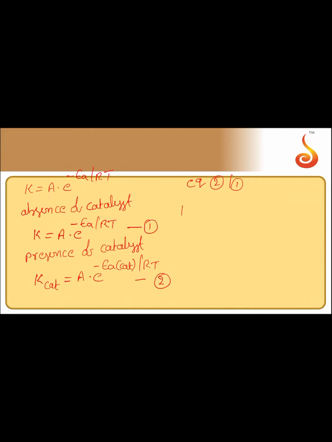Then we'll get k catalyst by k is equal to A into e power minus Ea catalyst by RT by A into e power minus Ea by RT.